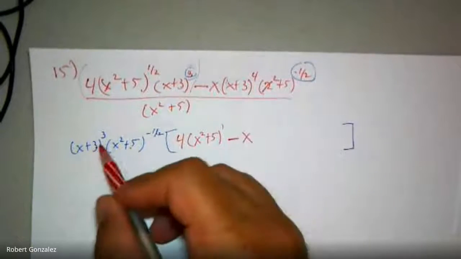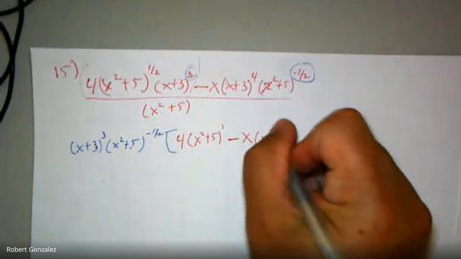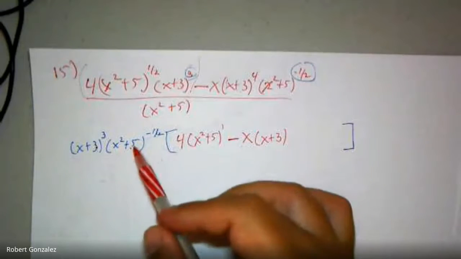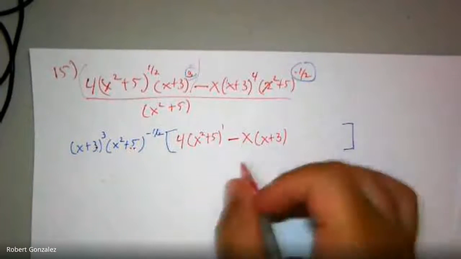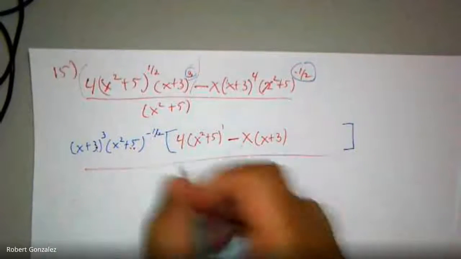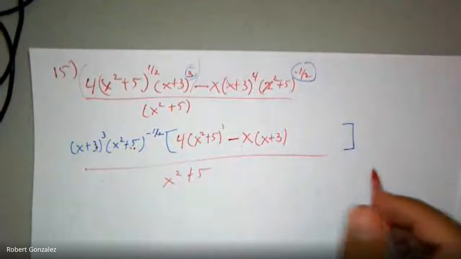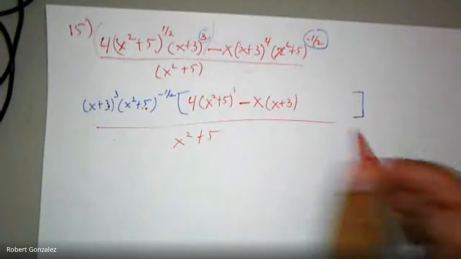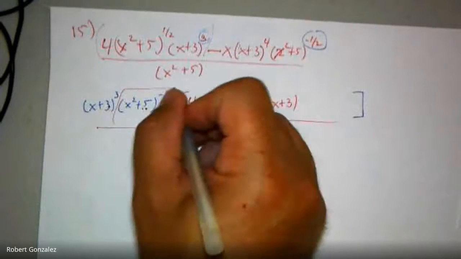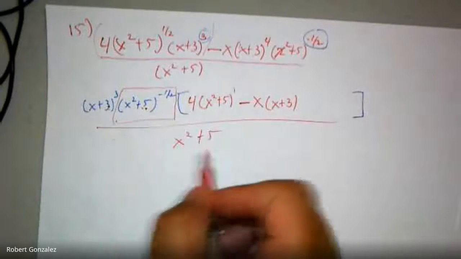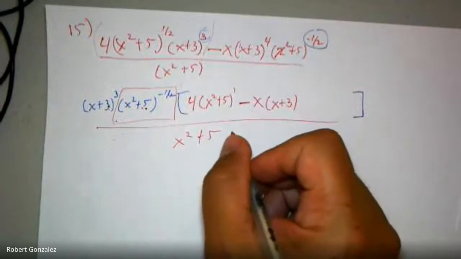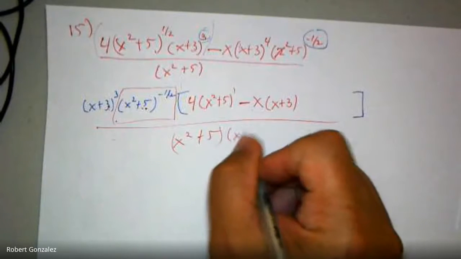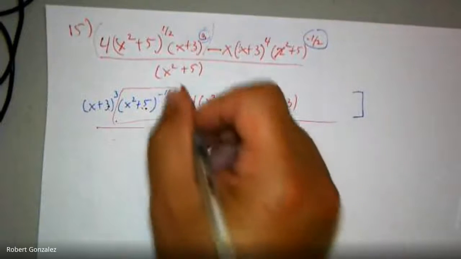X plus 3 cancels with this, leaving me with one of them. And this cancels out. So that's what's there over x squared plus 5. Okay? You see this right here? That already comes downstairs and becomes x squared plus 5 to the 1/2.